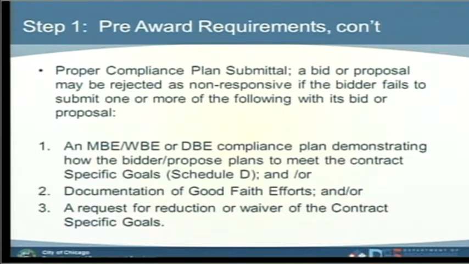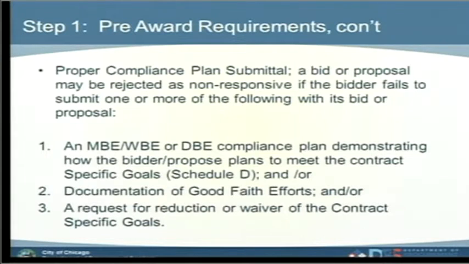Proper compliance plan submittal: a bid or proposal might be rejected as non-responsive if the bidder fails to submit one or more of the following documents with its bid and proposal. An M, W, or DBE compliance plan demonstrating how the bidder proposes to meet the contract-specific goals.